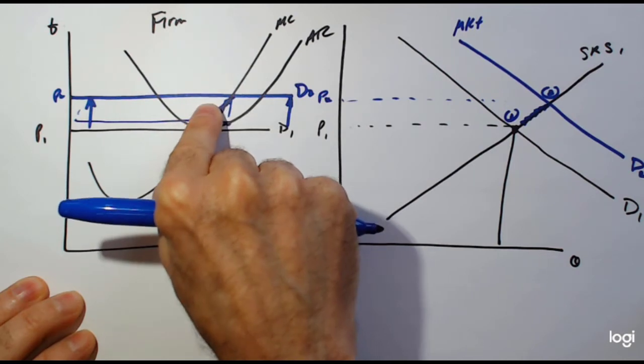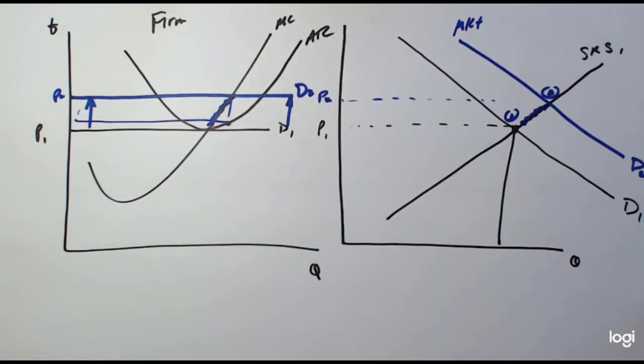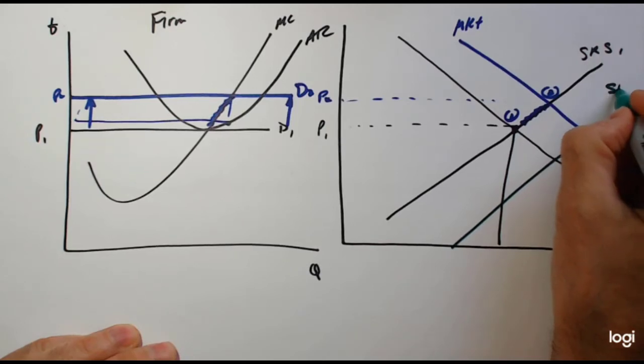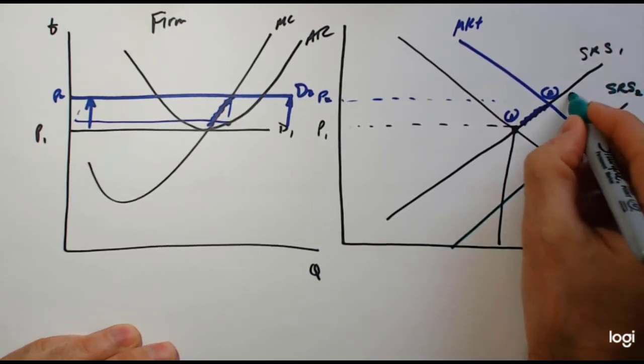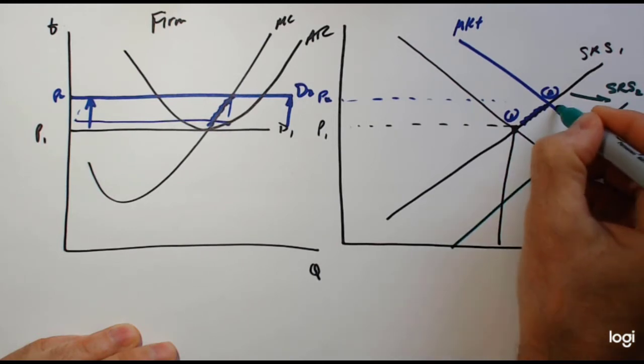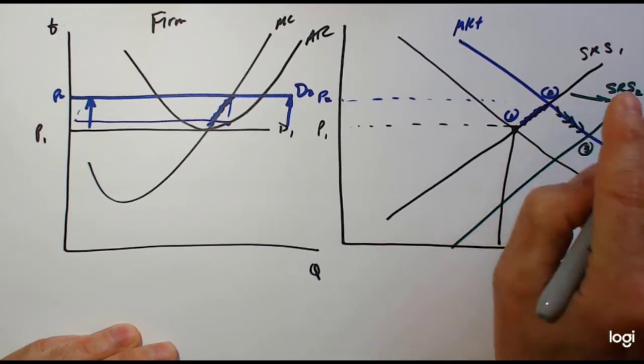And so you are going to see a supply curve shift out. So we're going to have a new supply curve, short run supply 2, and we're going to end up at point 3. So we have an increase in the number of firms.